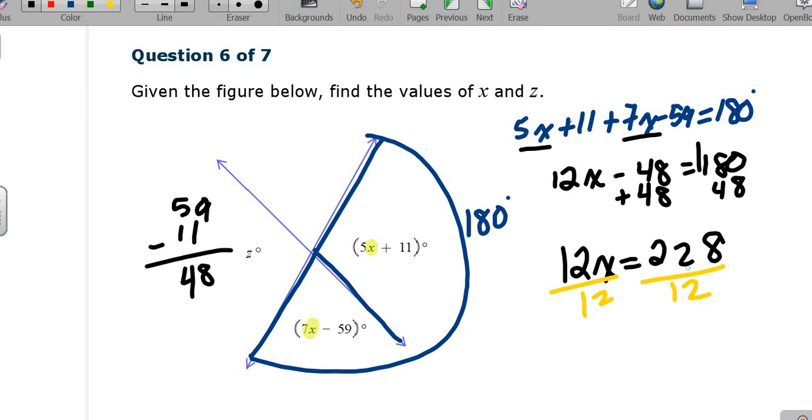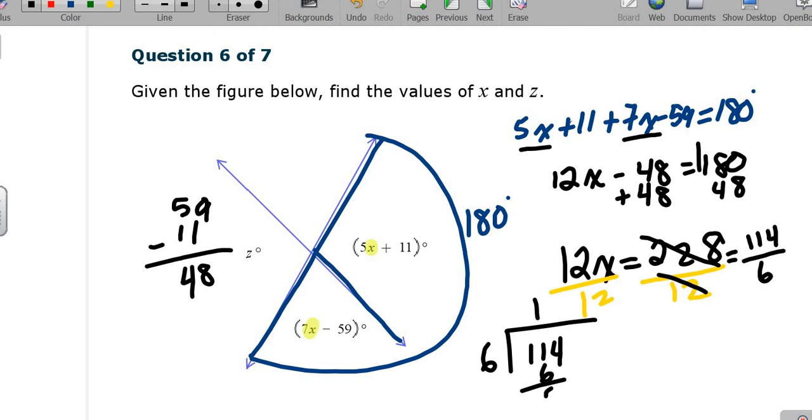I'm going to pare this down just a little bit. I'm going to divide both by 2. And that gets 1, 1, 4. And then down here is 6. So I see x is 19.